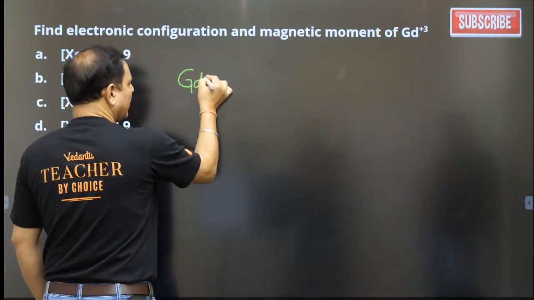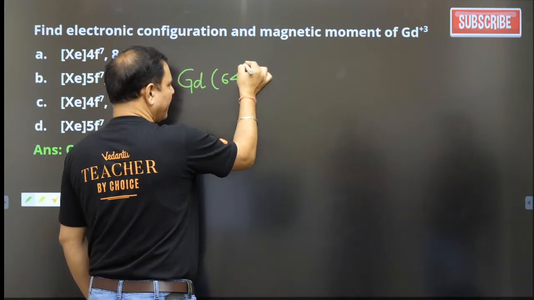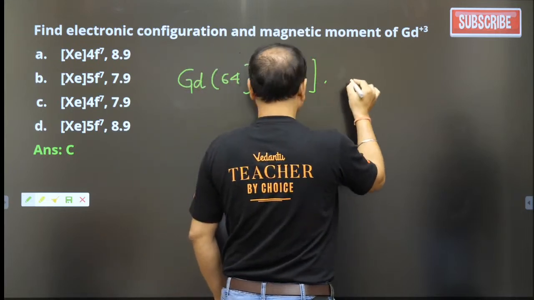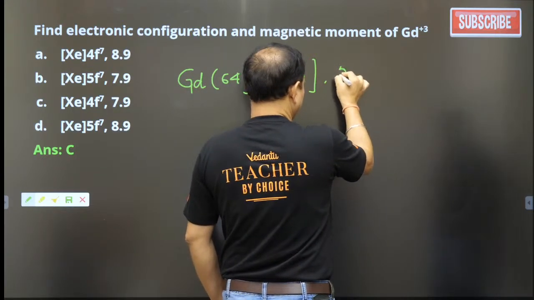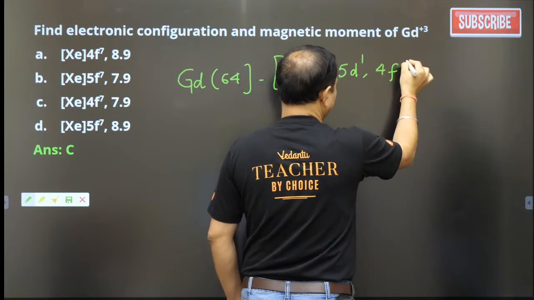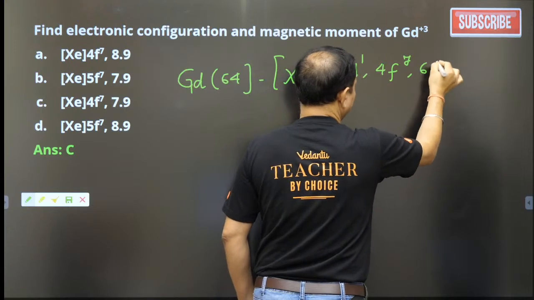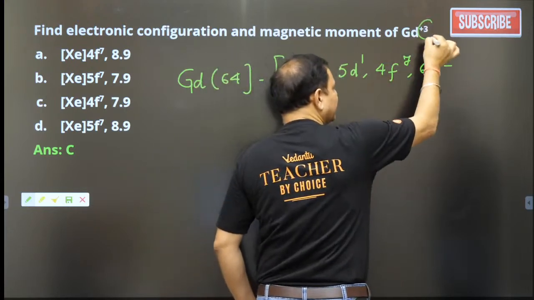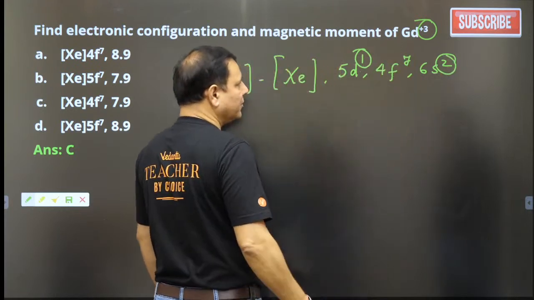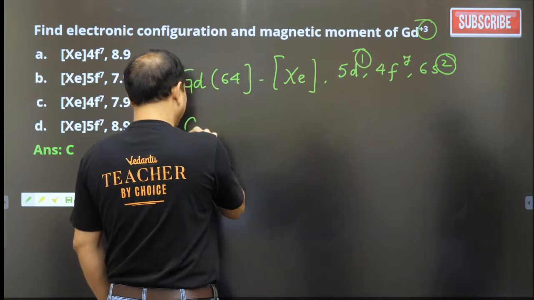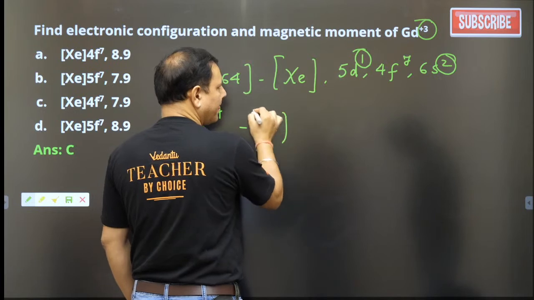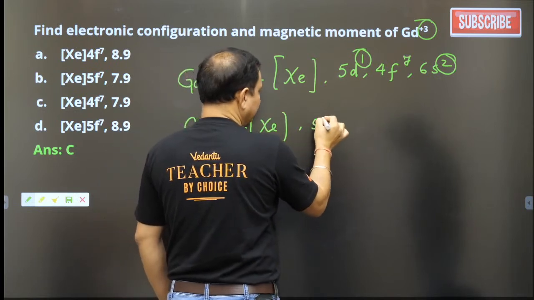The electronic configuration and magnetic moment of the gadolinium 3 plus ion. Gadolinium, atomic number 64, is xenon 54, then comes 5d1, 4f7, and 6s2. A plus 3 oxidation state is required, meaning 1 of the d electrons and 2 of the s electrons will be removed.